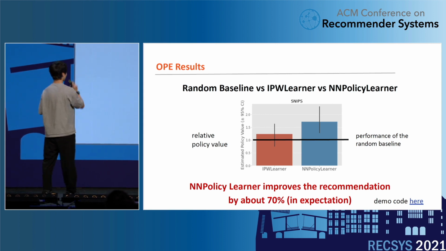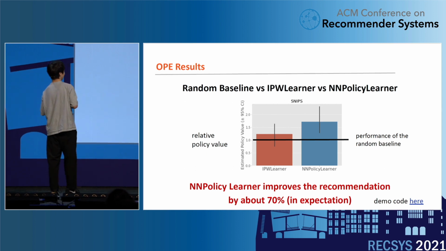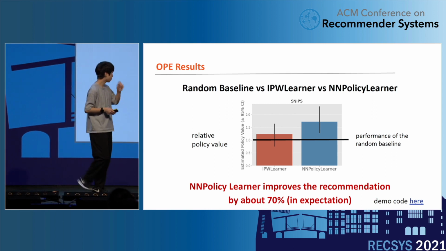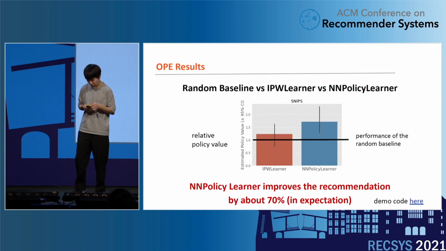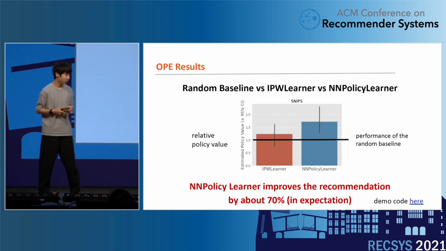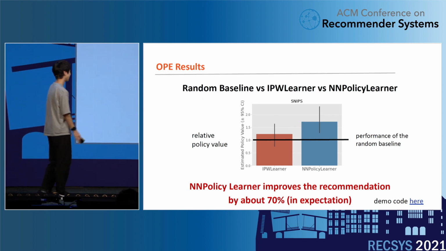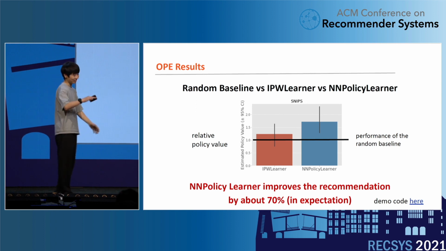But let's look at the blue bar, and it is doing great. It improves on the recommendation of the logging policy, the random policy, by about 70% in expectation. Of course, we are now using a relatively small amount of logged data, so the confidence interval seems to be very large.